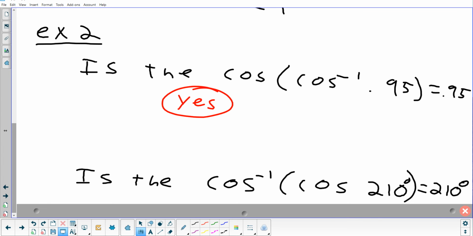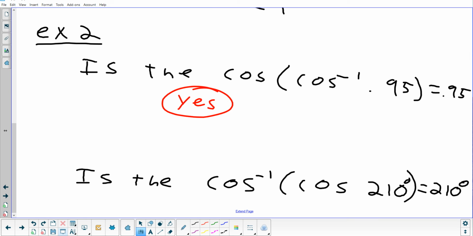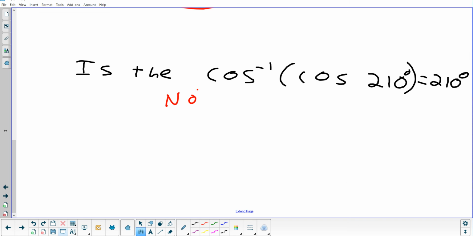Okay. No. That wouldn't work because we are plugging in a number that's bigger than 180. That's as big as you can go and have this formula work. You wouldn't get an error if you typed it in. You just get a different answer back. All right, so the answer there is no.